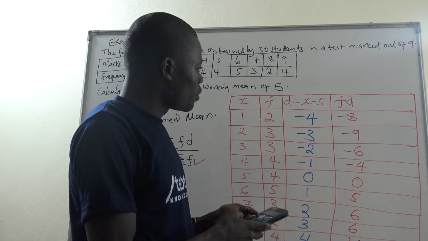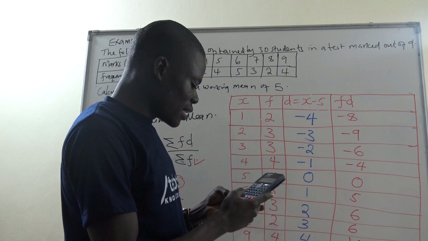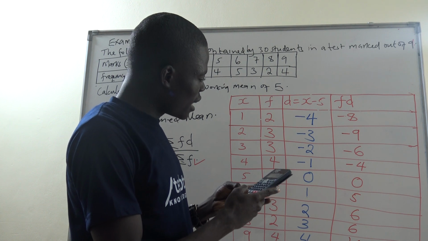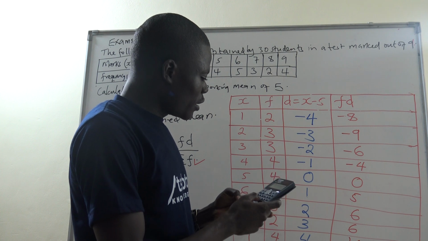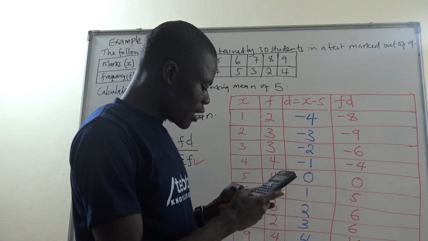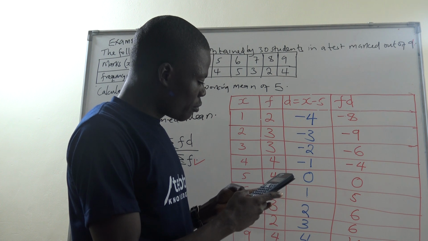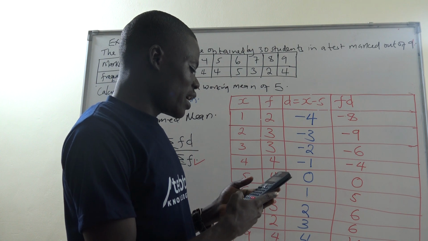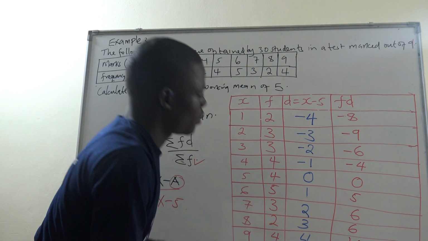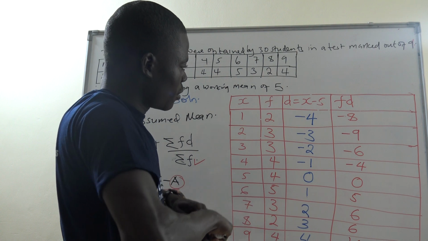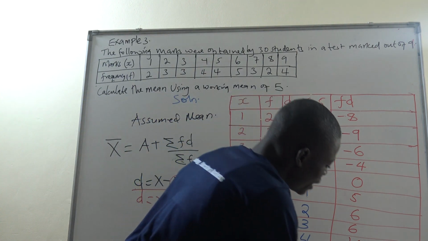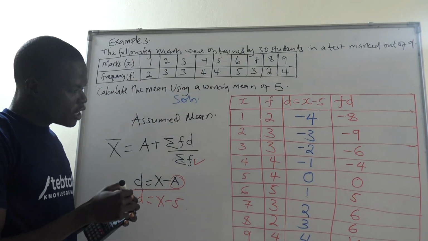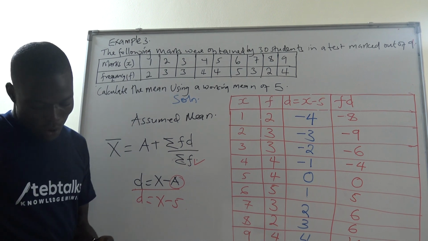So we have negative 8 plus negative 9 plus negative 6 plus negative 4, then plus 0, then plus 5 plus 6 plus again 6 plus 16. So you get 6. So summation of FD is 6.